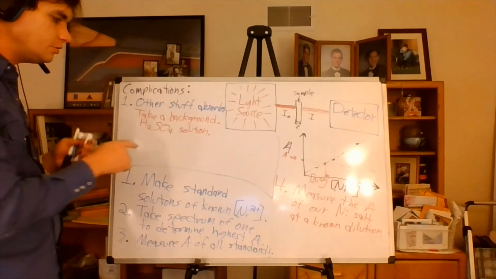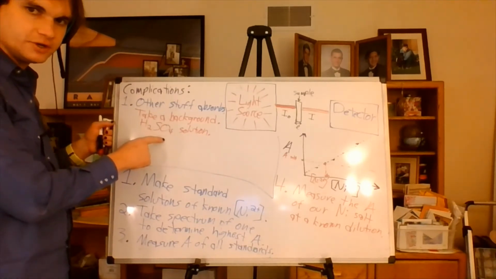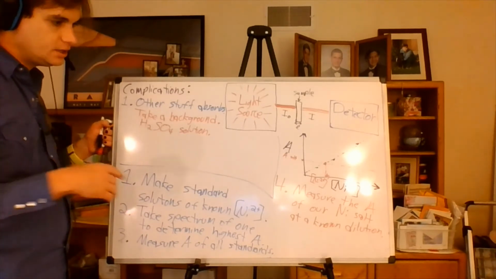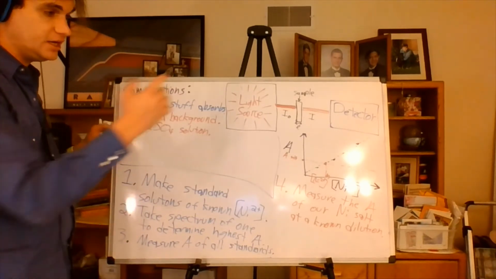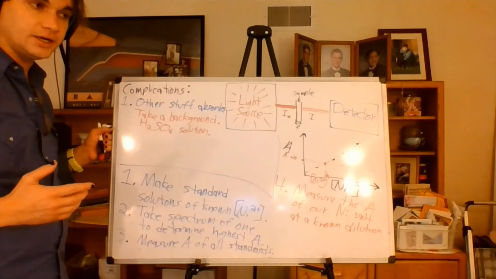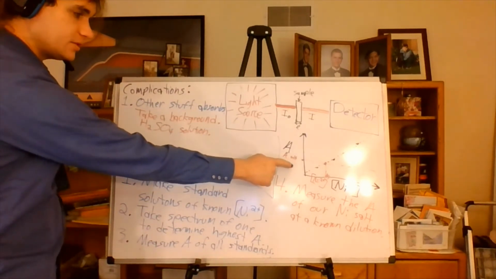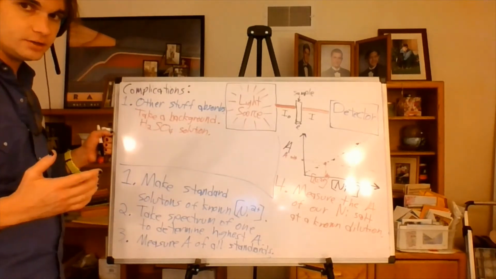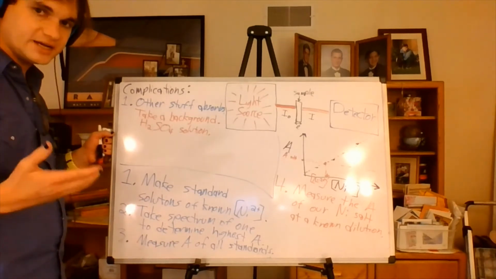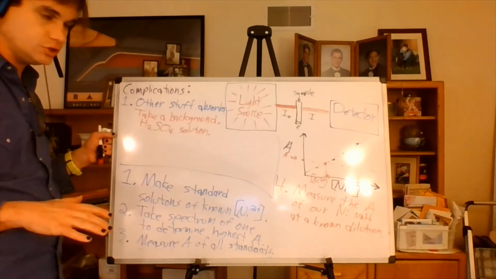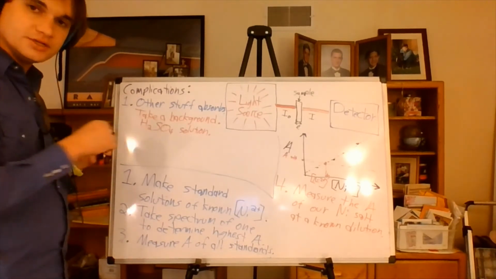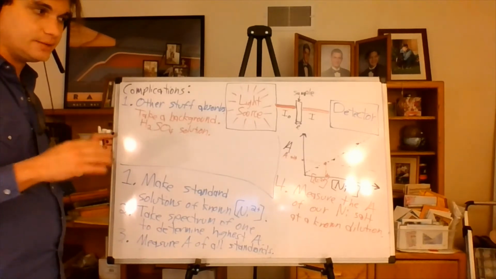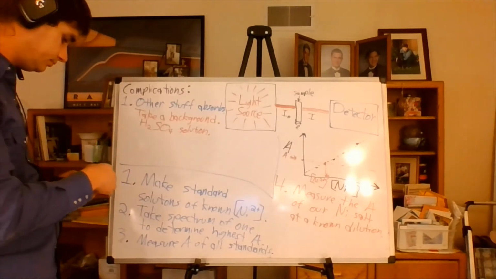And because we're using a large excess of sulfuric acid to make the standards and also to make the test salt solution over here, the sulfate concentration is going to be the same in all of these cases.